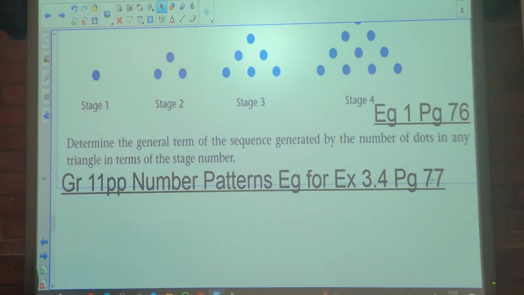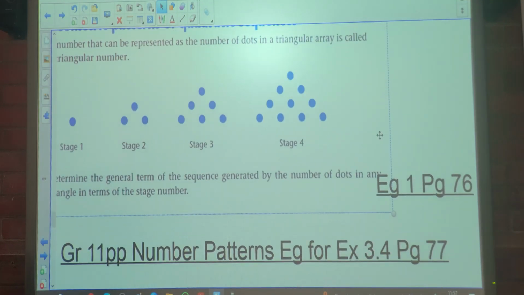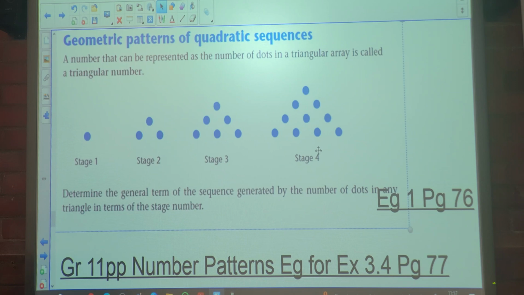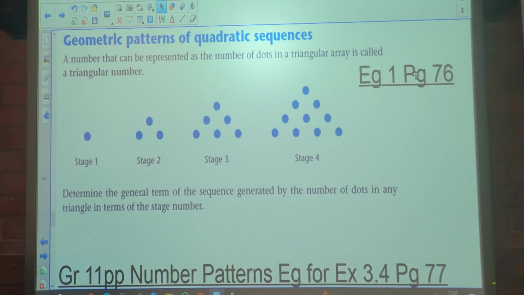I also had a look at a lesson dealing with triangular numbers, and a learner doesn't think in that manner. Maybe you're a very, very good learner.